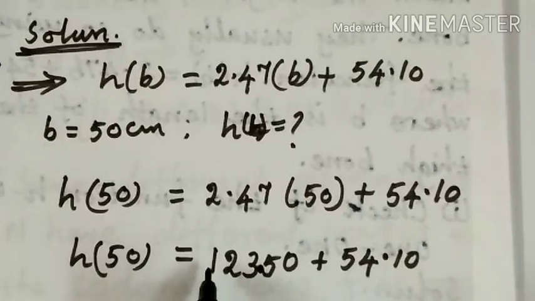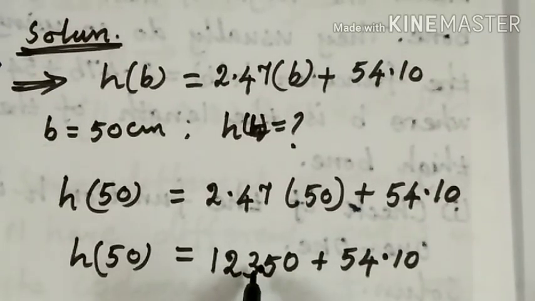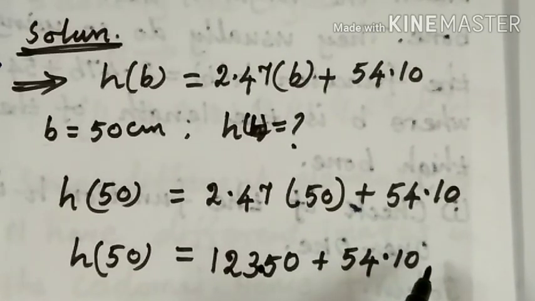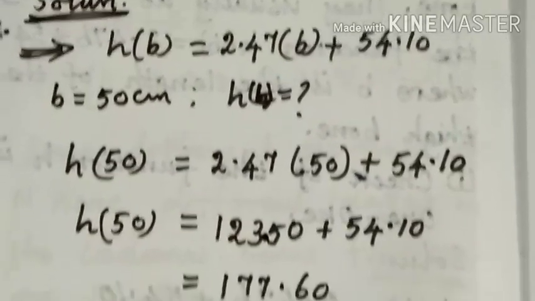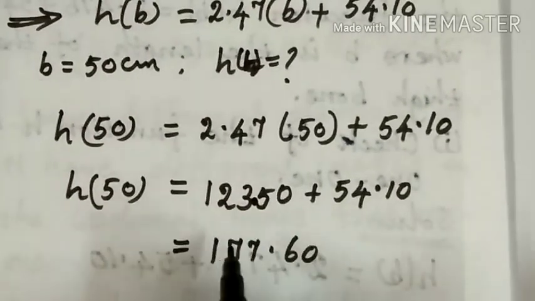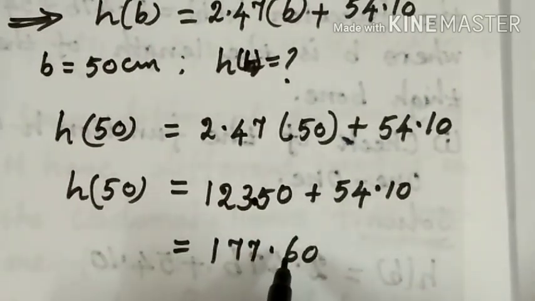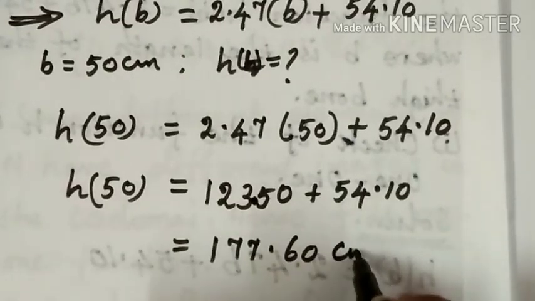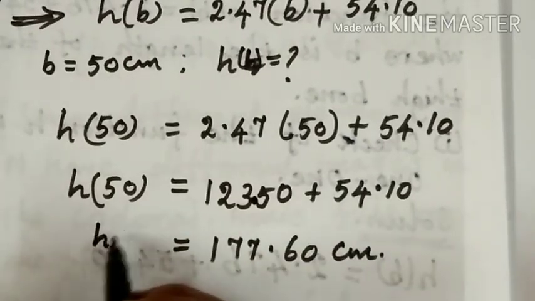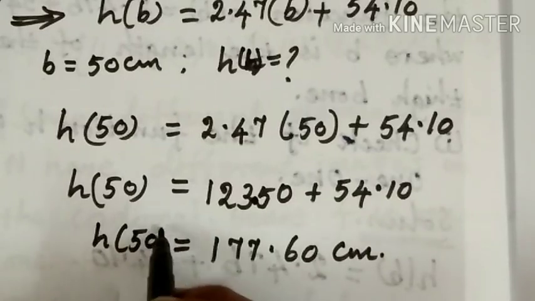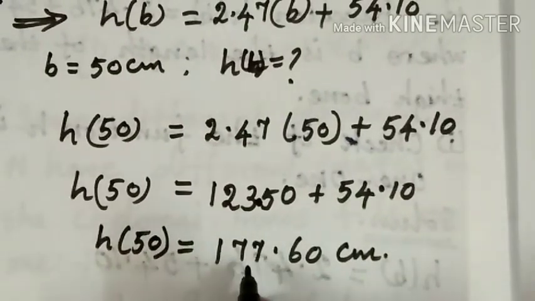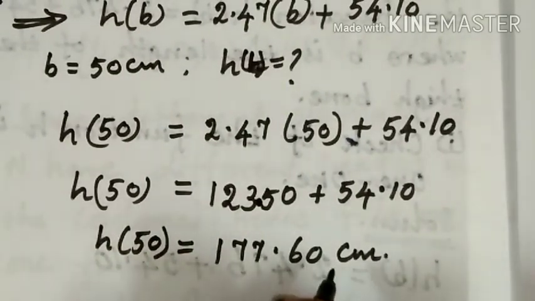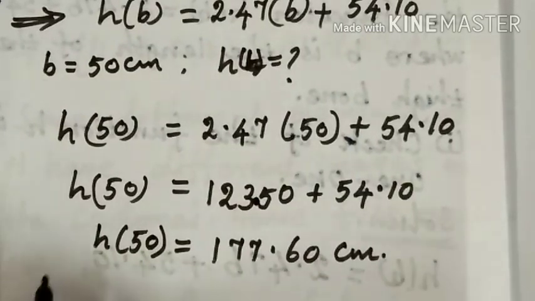Now you multiply and say the answer. Yes, we get 123.50 plus 54.10. Both we add means get the answer 177.60 centimeter. It is h of 50 equal to 177.60 centimeter.